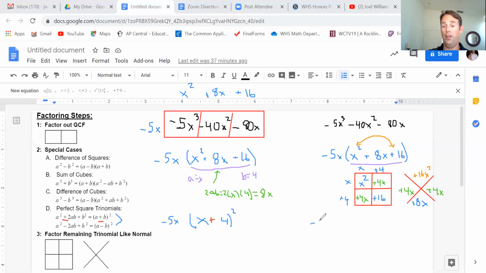So you end up with the negative 5x times x plus 4 times x plus 4, which is the same thing as negative 5x times x plus 4 squared. All right, so again, for the perfect square trinomials, you don't need to do the shortcut. You can still do it the long way if you want to.